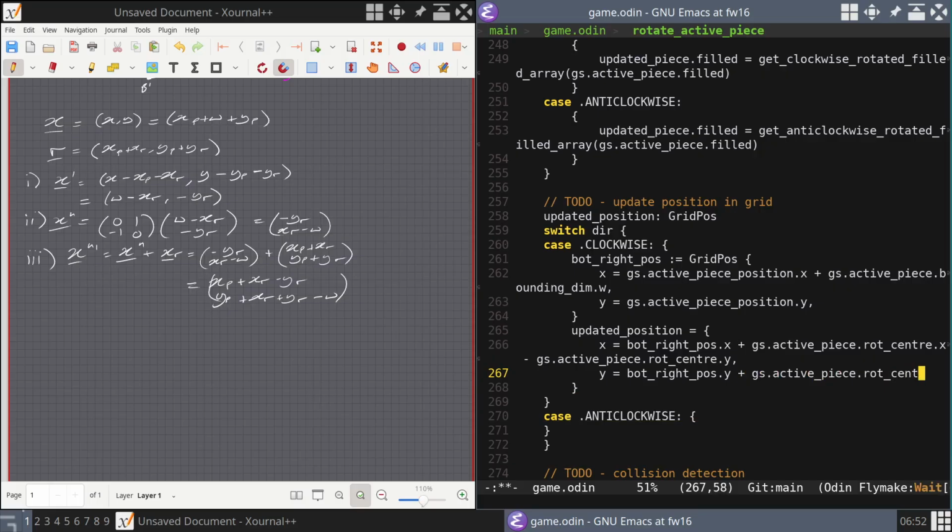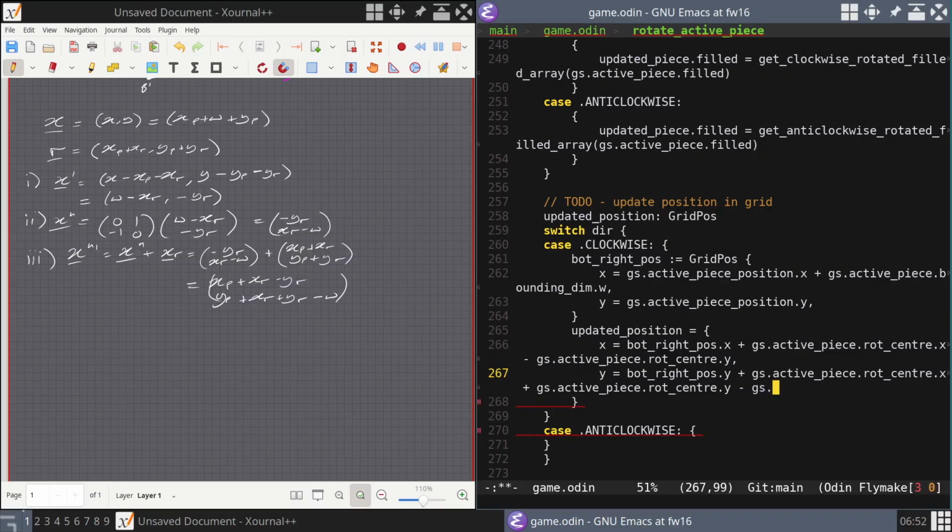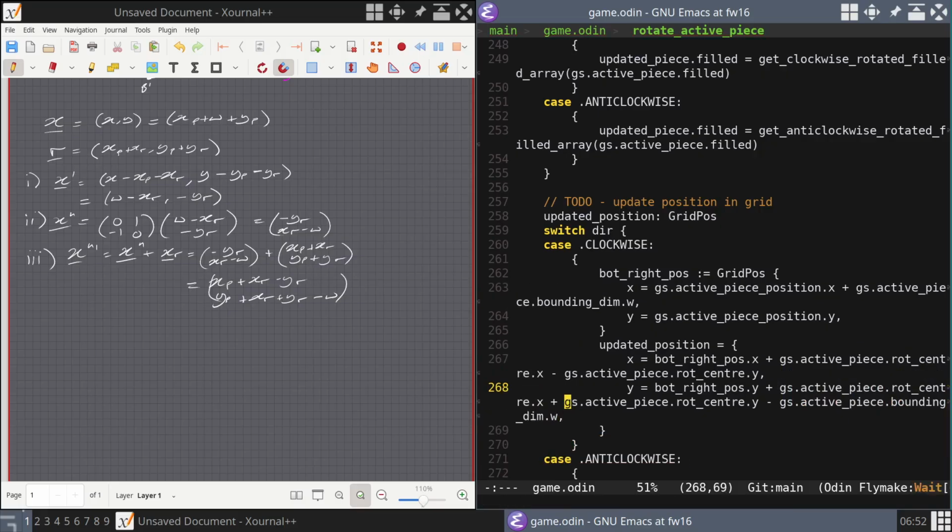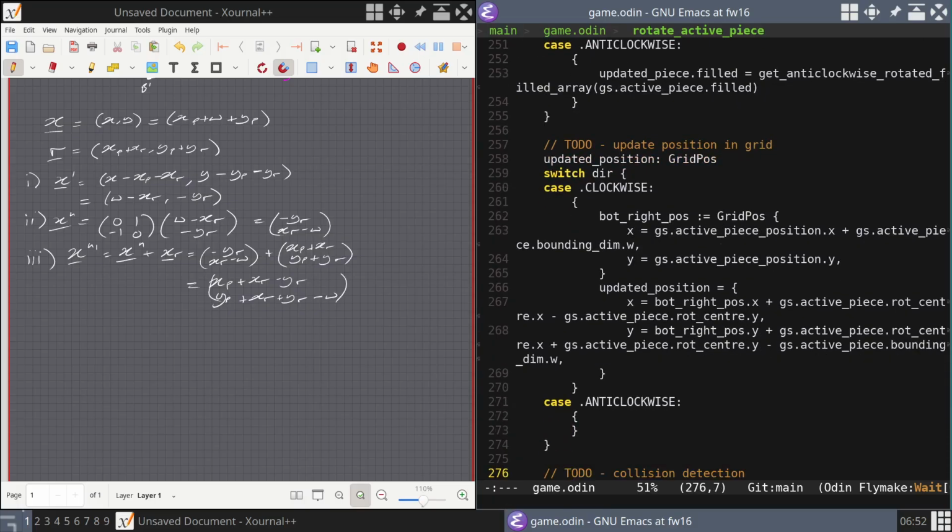It's concerning that our rot center x appears in this. Maybe game state active piece dot rot center dot y minus active piece dot bounding dim dot width. How does that look?